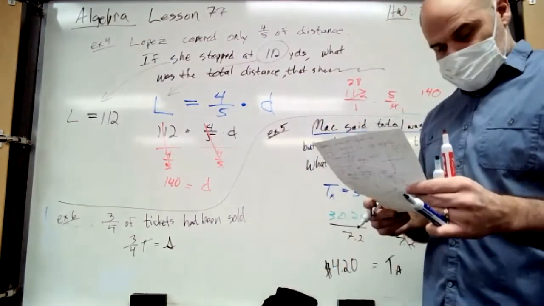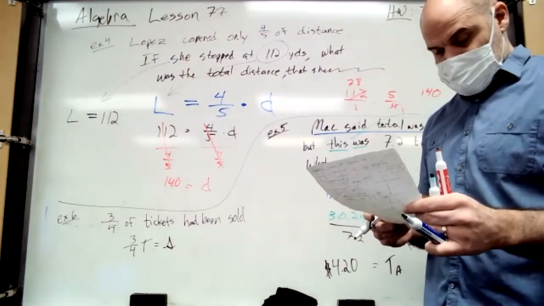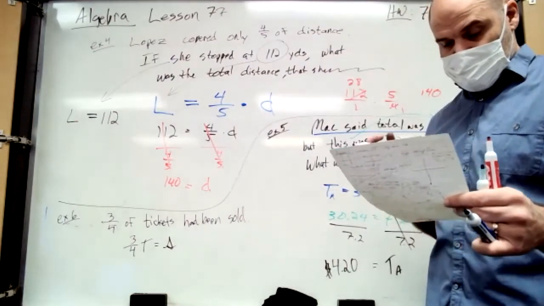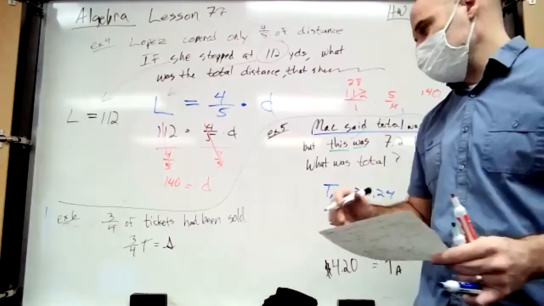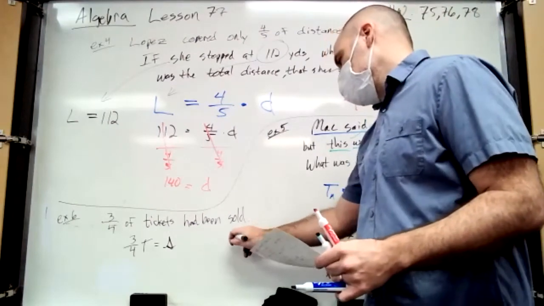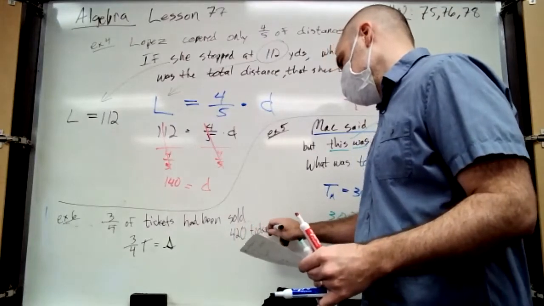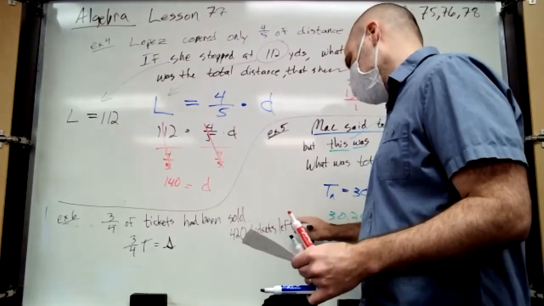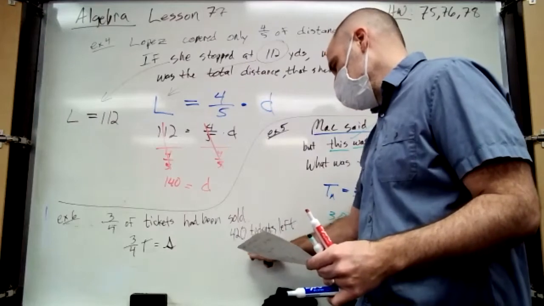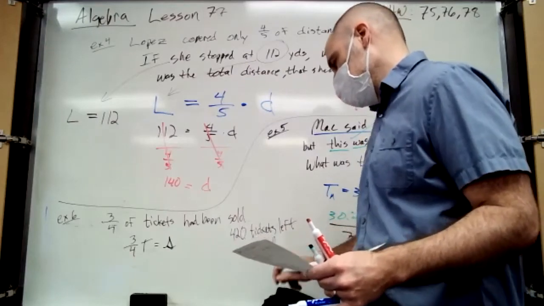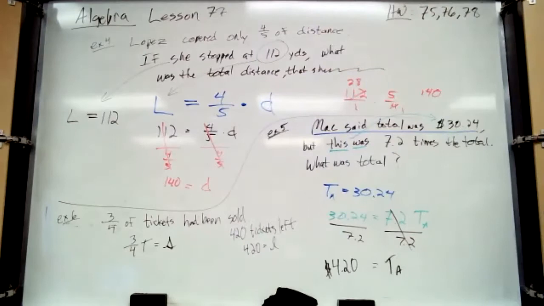Okay. And then the next sentence says, and there are 420 tickets left. So we can say 420 tickets left. Okay, so 420 could equal L. All right.